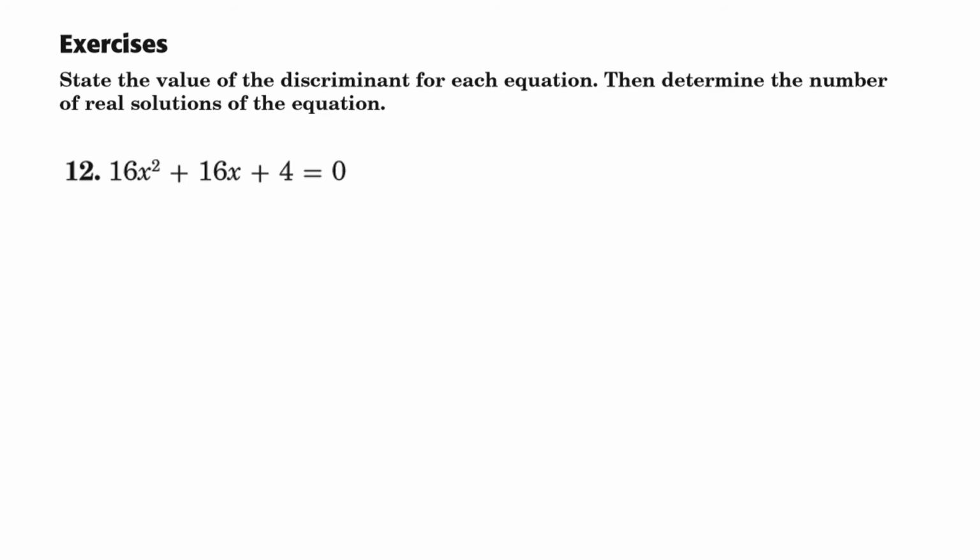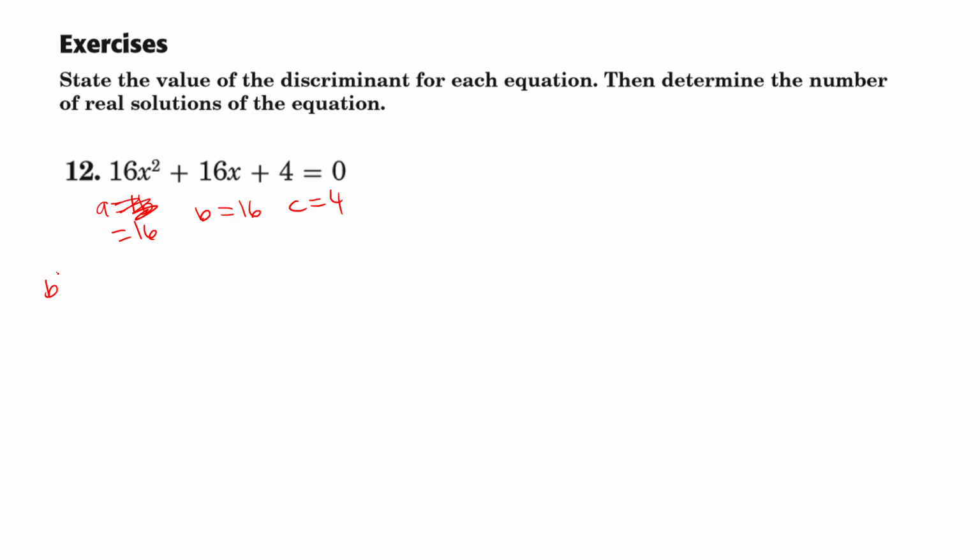Alright, if you look at number 12, it's already equaling 0. So I can say a equals 16, b equals 16, and c equals 4. And that's fine.